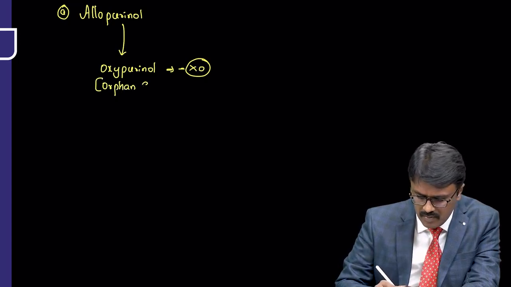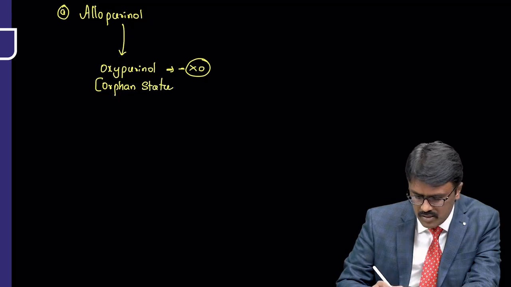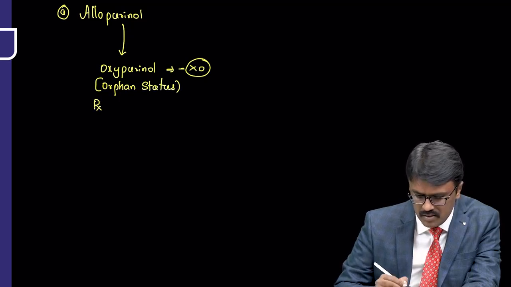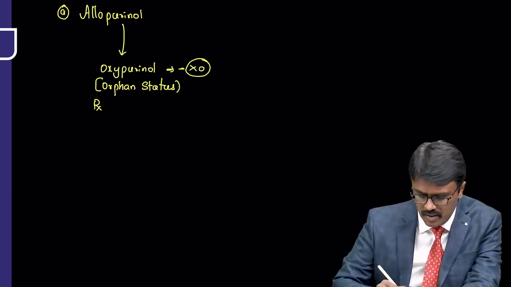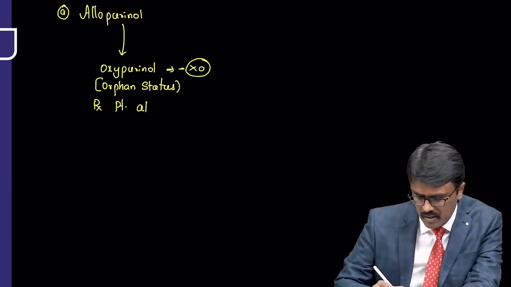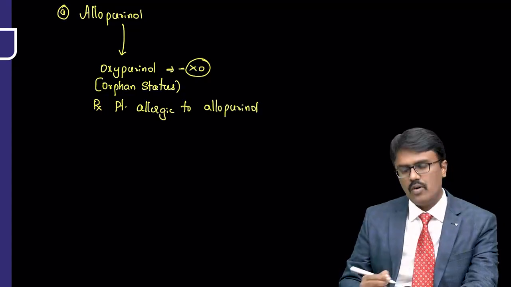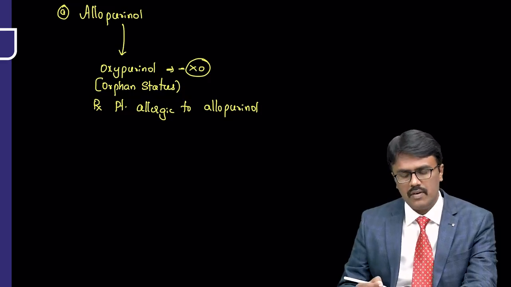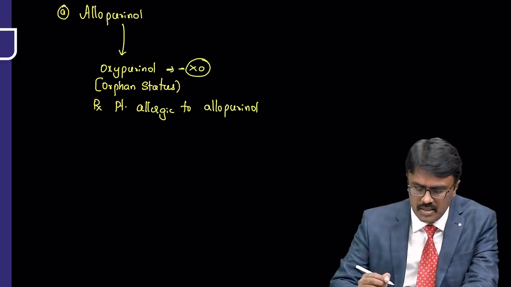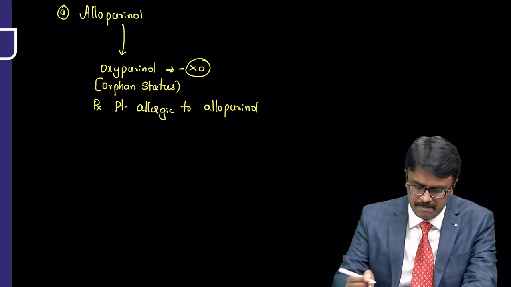Then where do you use it? This oxypurinol is preferred in patients allergic to allopurinol. So if the patient is allergic to allopurinol, then we can give oxypurinol, and it's not so commonly available. The mechanism is same. It inhibits the enzyme xanthine oxidase.